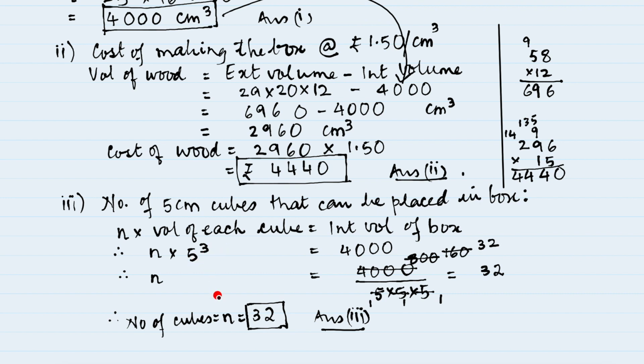Each side is 5, so 5 cube. So n will be equal to 4000 upon 5 into 5 into 5. I multiplied. Okay, and when we cancel 5 8's 40 and 2 zeros, then this 5 divides, 16 5 is 80, so 160. Then this 5 divides, 5 3 is 15 and 5 2 is 10. Okay, so 32 is the number of cubes, and that is our third answer.